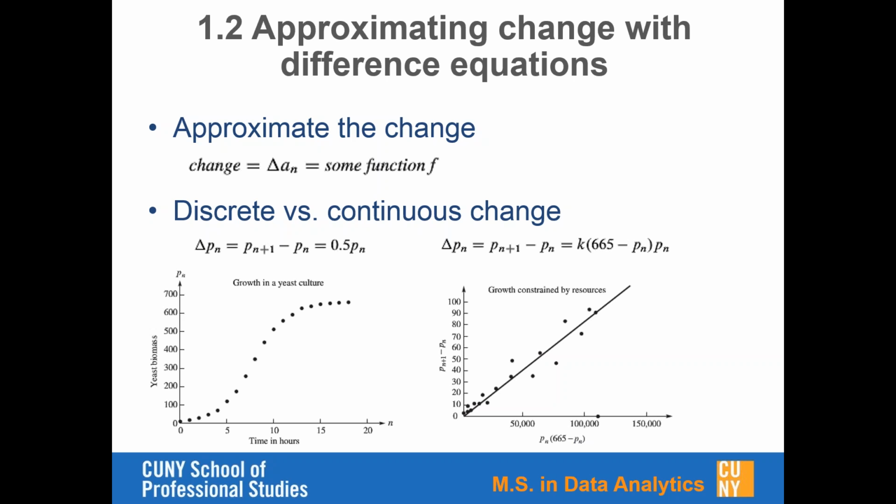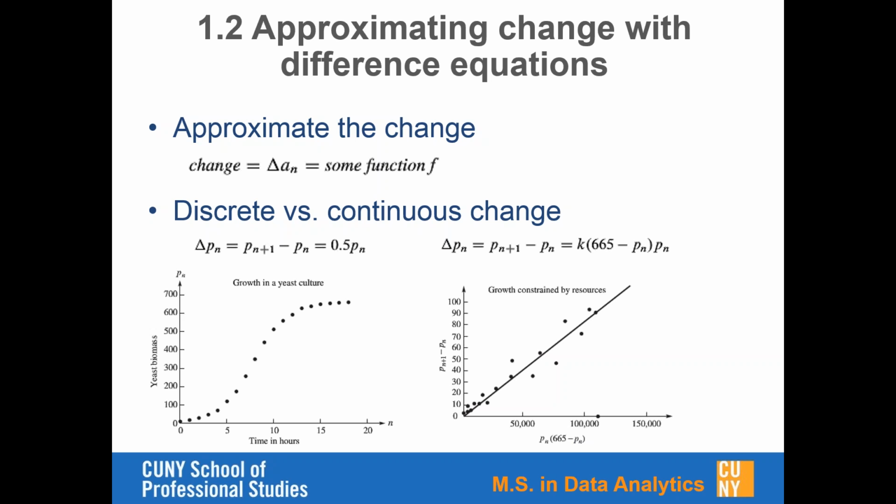One example is delta pn equal to pn plus 1 minus pn equal to 0.5 pn, which is a proportion that we discussed earlier, essentially saying that the delta is k times the previous value, and k itself is 0.5. And then another example here, delta pn equal to pn plus 1 minus pn equal to k (665 minus pn) times pn.